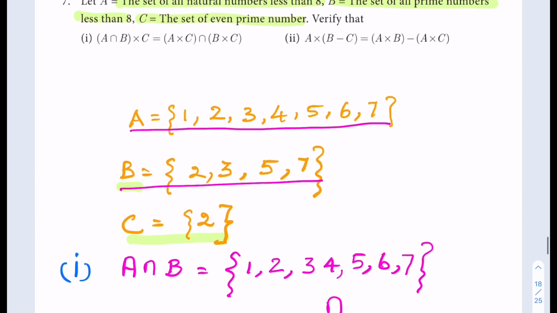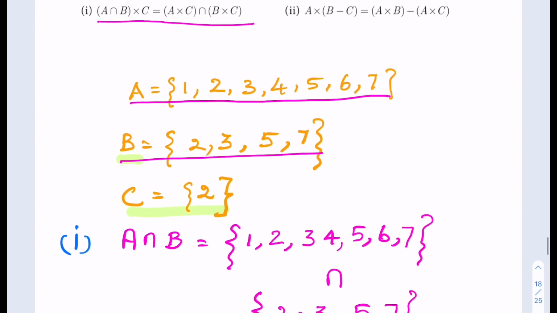So now we have to verify that A intersection B cross C is equal to A cross C intersection B cross C. So let us find A intersection B, which is on the left hand side of the equation, and since it is in the bracket we are finding it first.